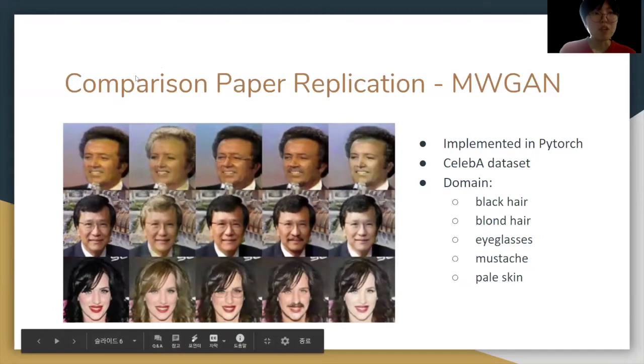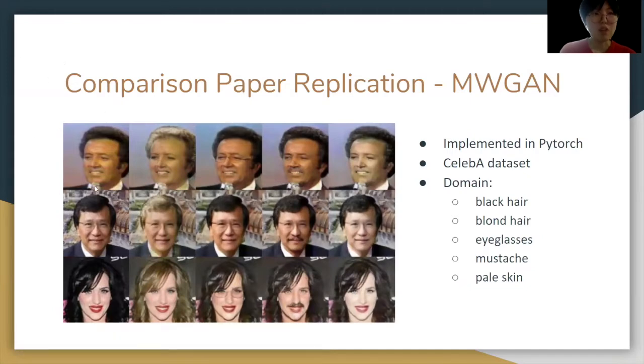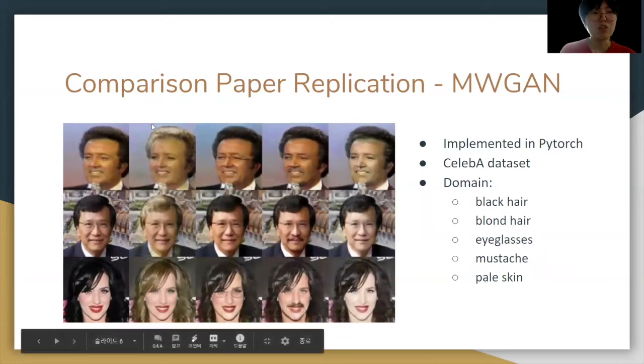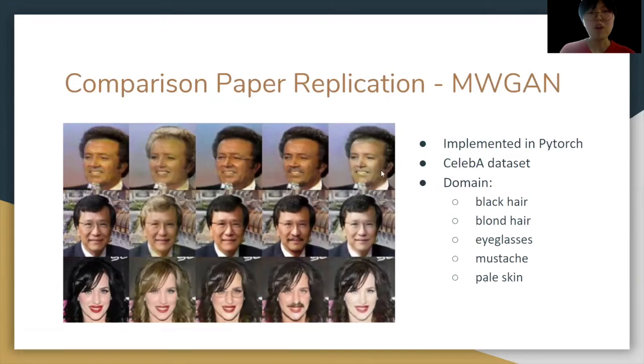The leftmost image is the source image, which comes from the black hair domain, and each column is the translation result to the blonde hair, eyeglasses, mustache, and pale skin domains from left to right. So you can see that in general, it performs quite well.